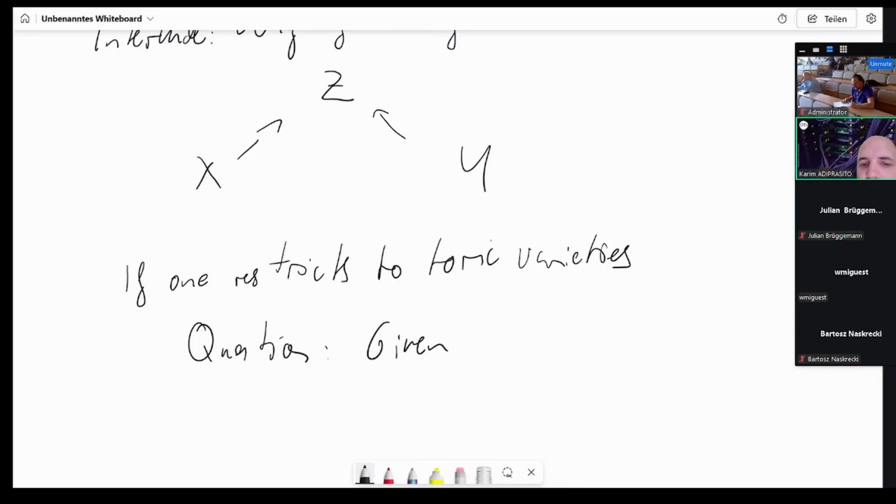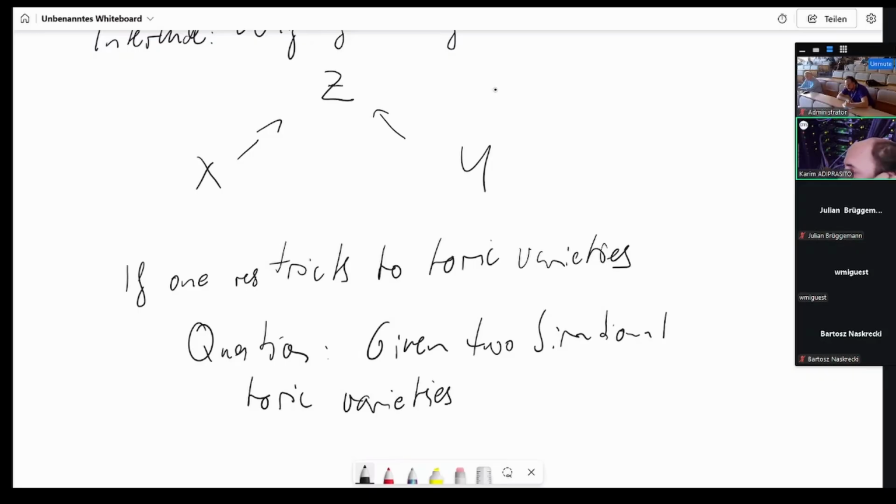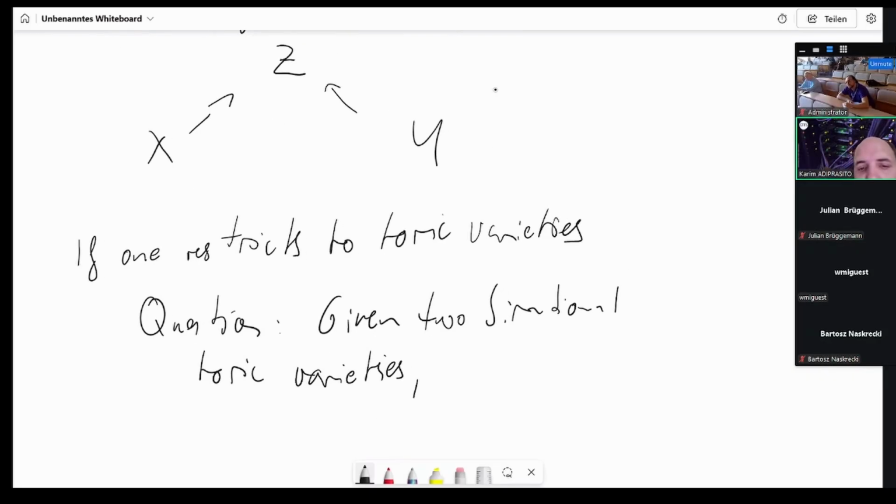Given two birational toric varieties, does there exist a common blowup?